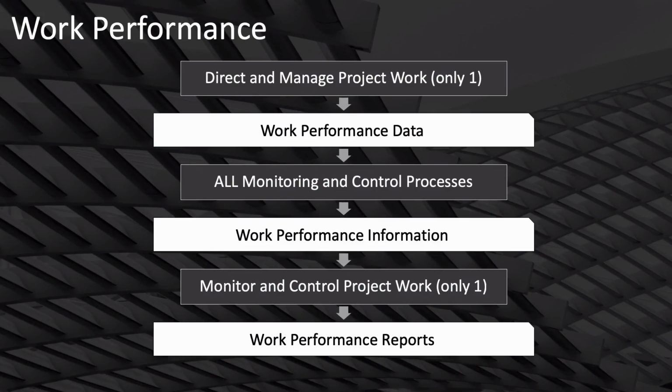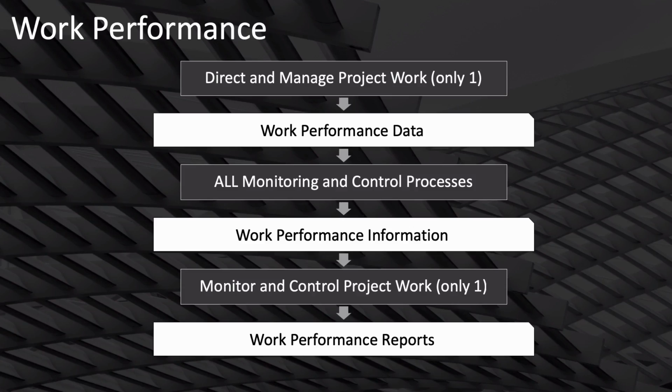Here's the workflow of data, information, and reports. Direct and manage project work is the one and only process that creates work performance data. That is used then as an input to all of your monitoring and control processes. All of those processes then generate their own work performance information.